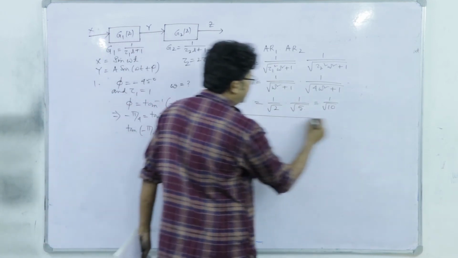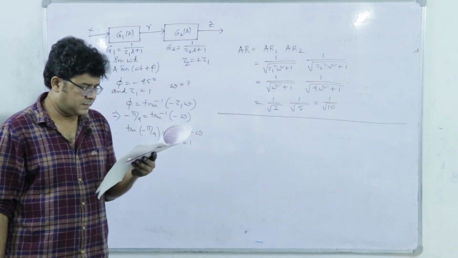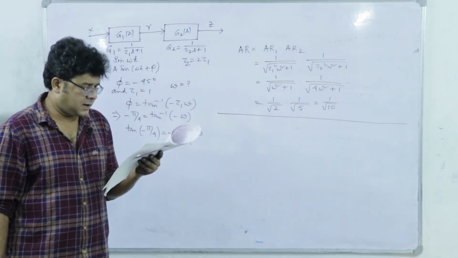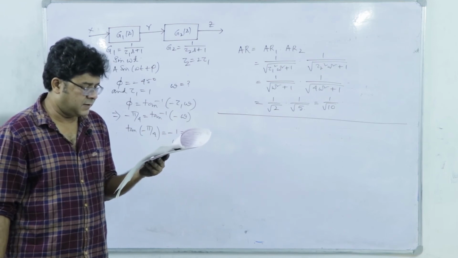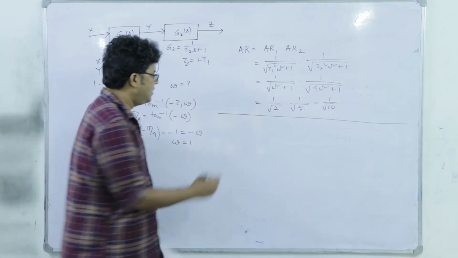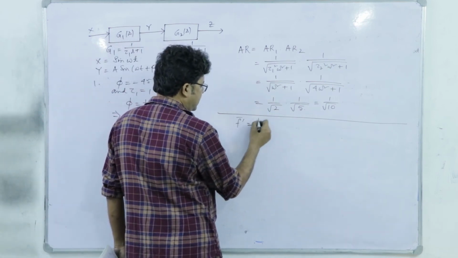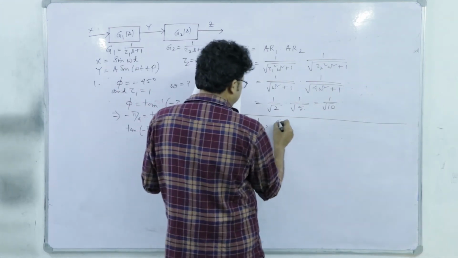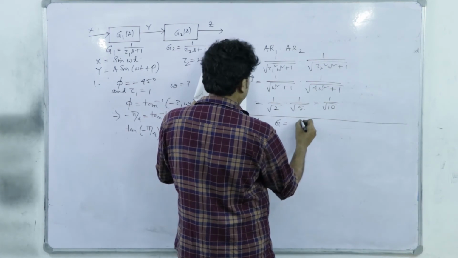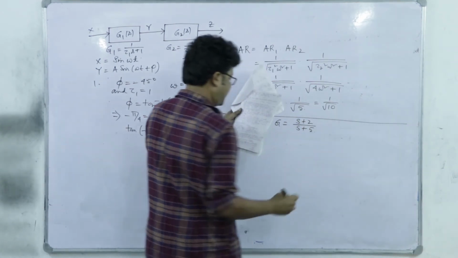So these are the answers to the two linked questions. Next question: a unit step input is given to the process, so the input f prime bar is unit step, 1 by s, and the process has g equal to s plus 2 divided by s plus 5.